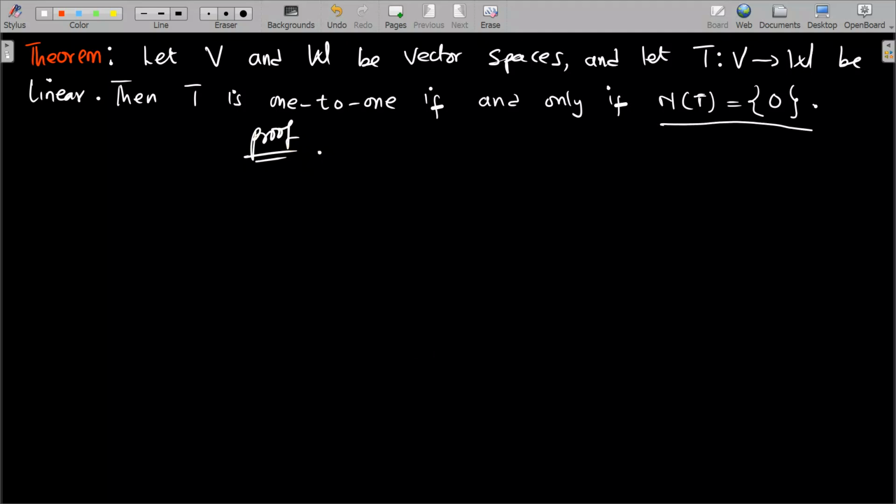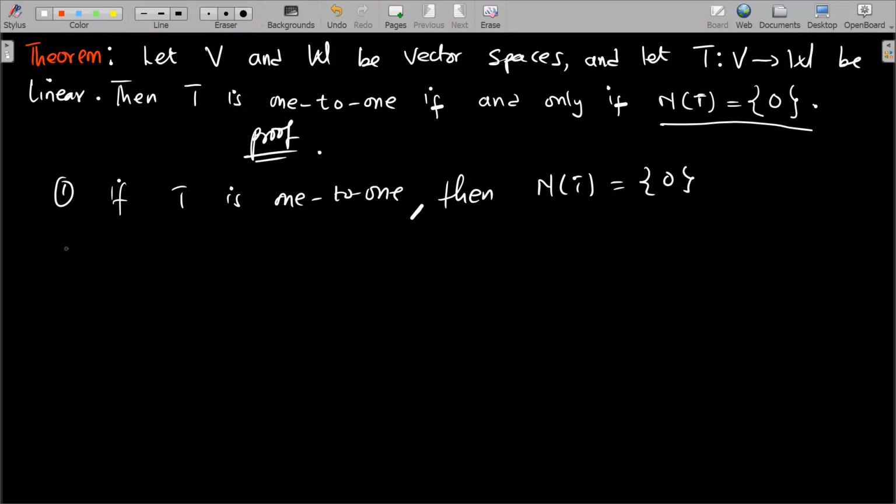Now, suppose T is 1 to 1. So we have an if and only if proof here. For an if and only if proof, we prove it this way. There are other ways you can use to prove it, but mostly we follow this approach. One, if T is 1 to 1, then the null space of T is equal to the zero vector.